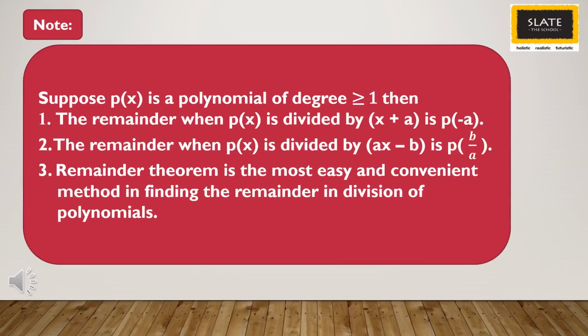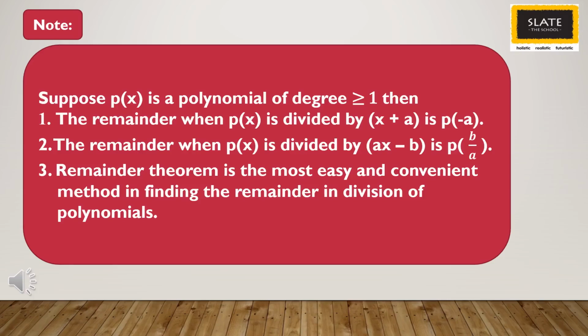Note: suppose p of x is a polynomial of degree greater than or equal to 1, then the remainder when p of x is divided by x plus a is p of minus a. How did we get this p of minus a? We equate the divisor x plus a to 0.